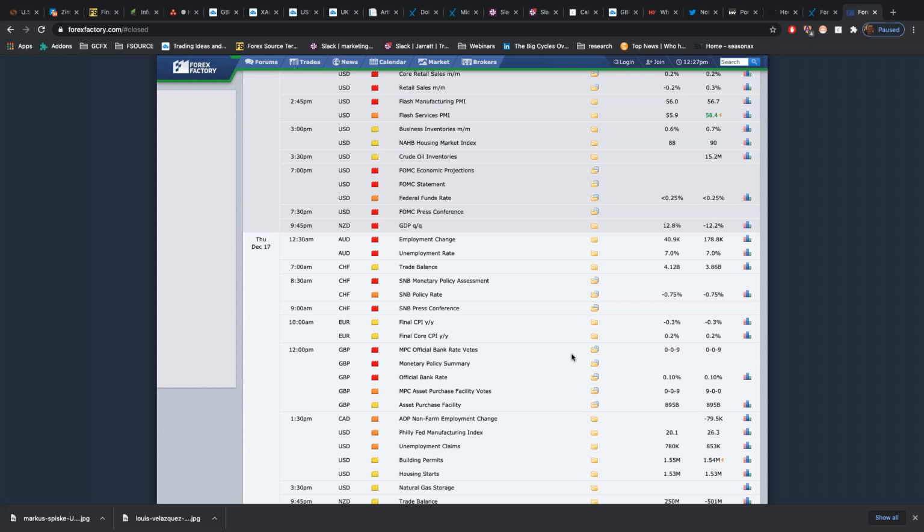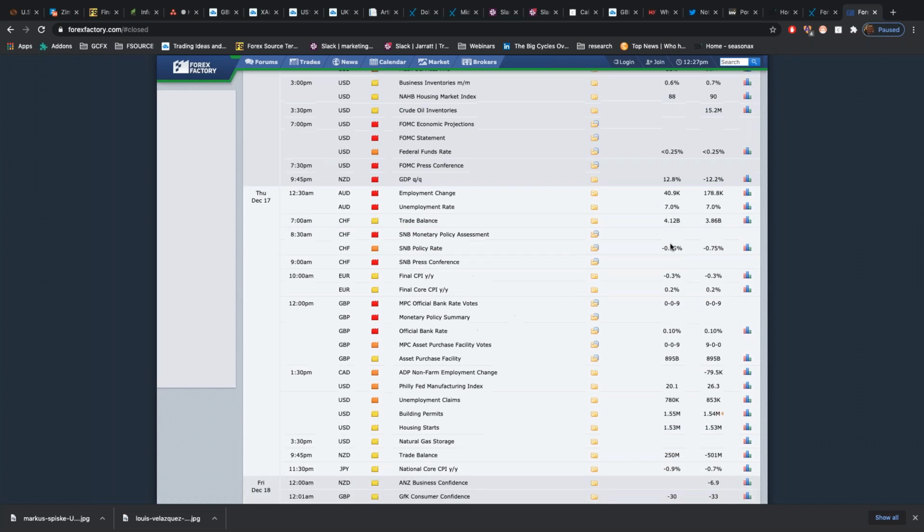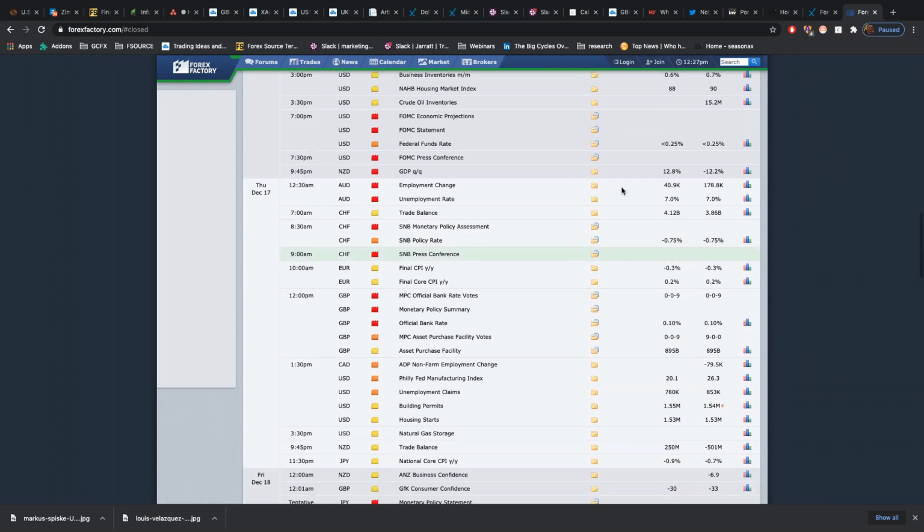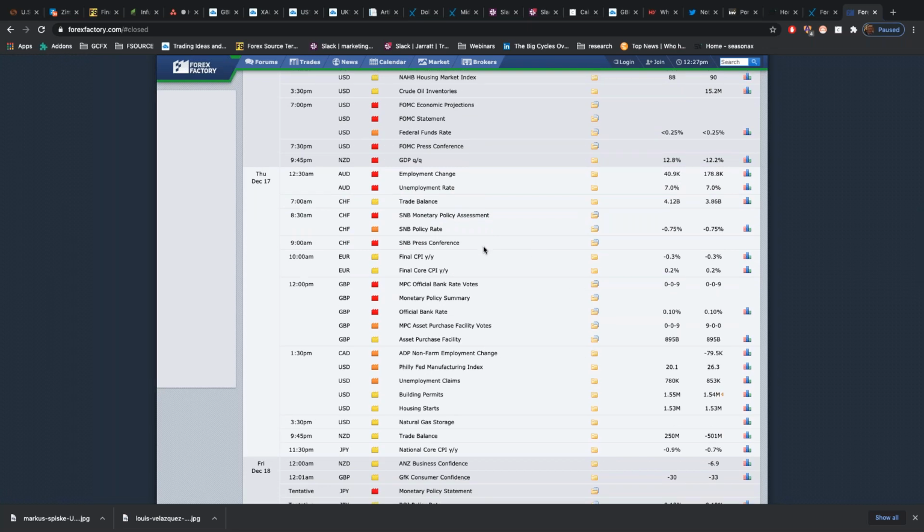So strength in the Swiss franc is a risk that people want to take, accepting negative interest rates just for holding Swiss francs. I know this is large investors with huge accounts, so it doesn't affect your retail traders.